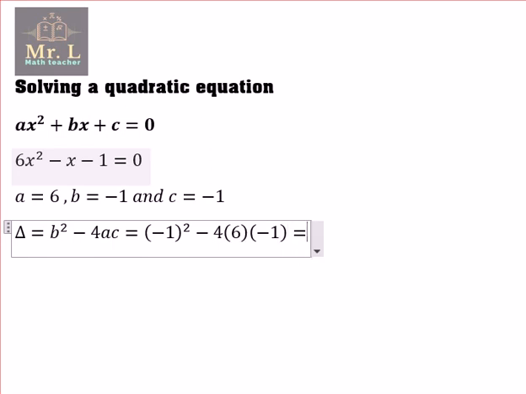Here we need a little calculation: it will give 1 minus times minus, so plus 4 multiplied by 6, which gives 24. So 1 plus 24 is equal to 25, and of course, as you see, 25 is a positive number. It's bigger than 0.